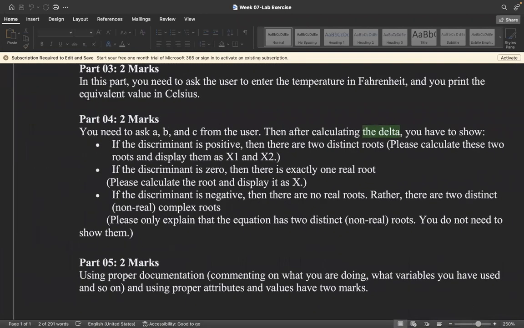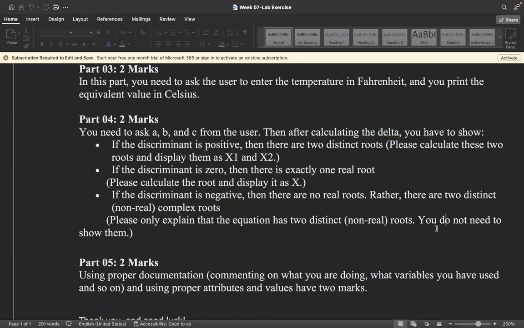If the discriminant is positive, then there are two distinct roots. The thing is that even if the discriminant is positive, we can't get the answer from the equations that we're using, because if it's NaN, then it's not going to tell us if the discriminant was positive or negative, would it?